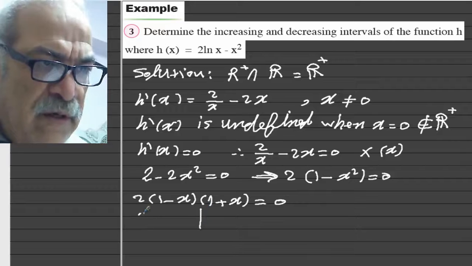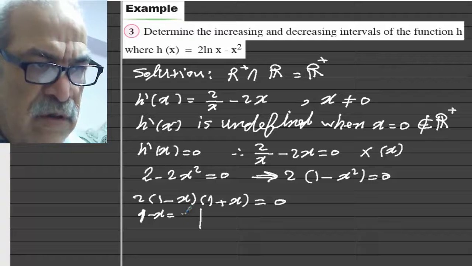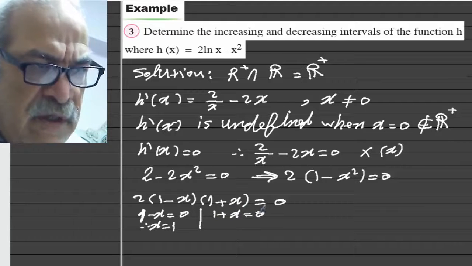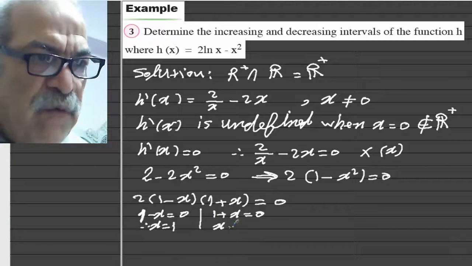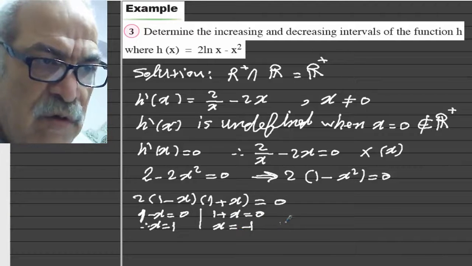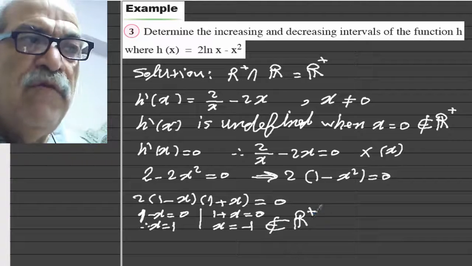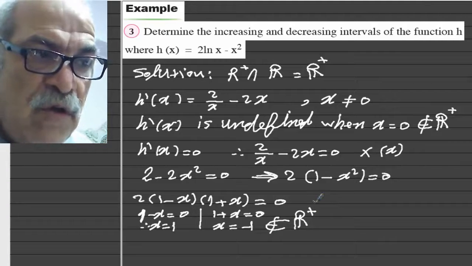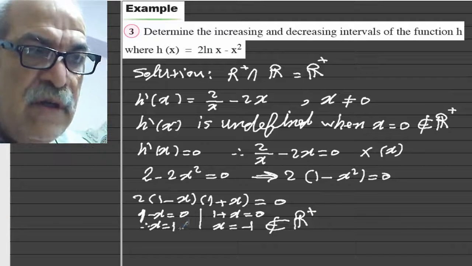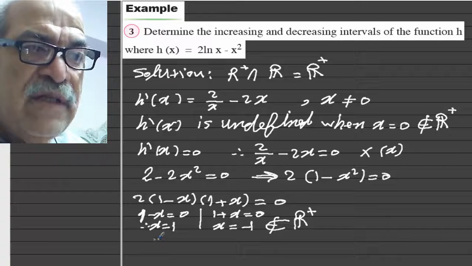When 1 minus x equals 0, x equals 1. When 1 plus x equals 0, x equals negative 1. X equals negative 1 doesn't belong to R positive, doesn't belong to the domain of h of x. So we will check the sign of the function h dash of x about x equals 1.